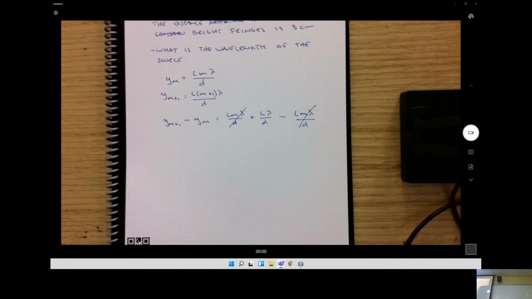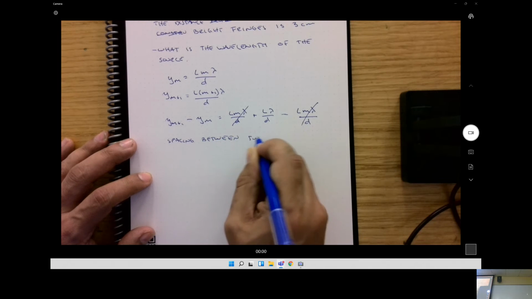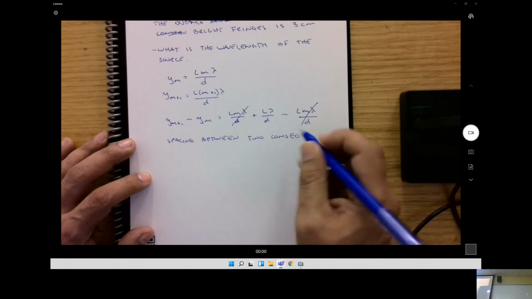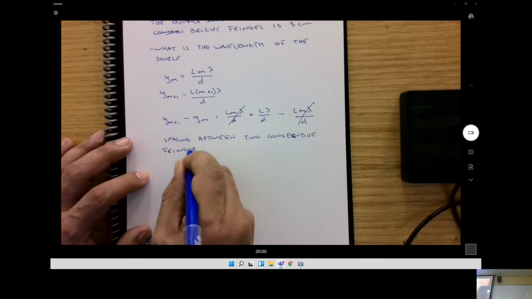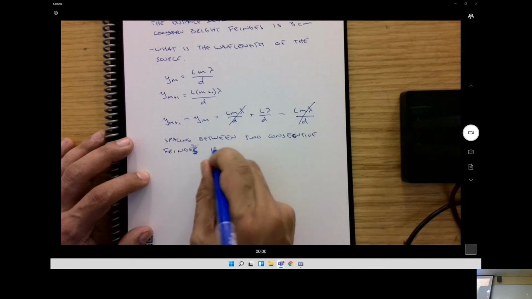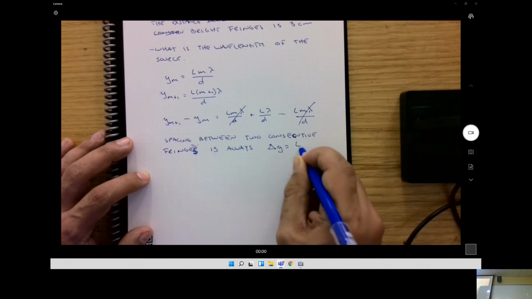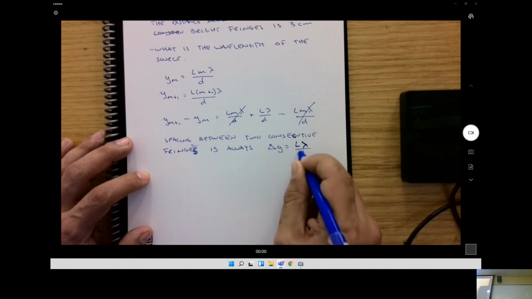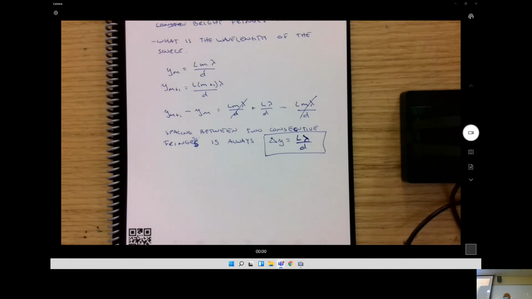So the spacing between two consecutive fringes is always going to be L lambda over D. Every time you have two consecutive bright fringes, or two consecutive dark fringes, the spacing is L lambda over D.